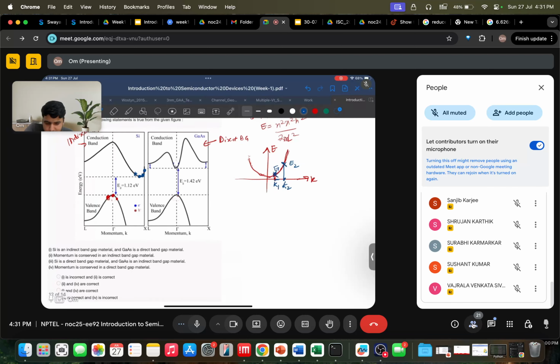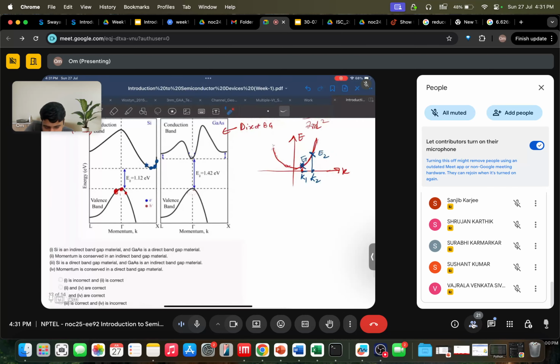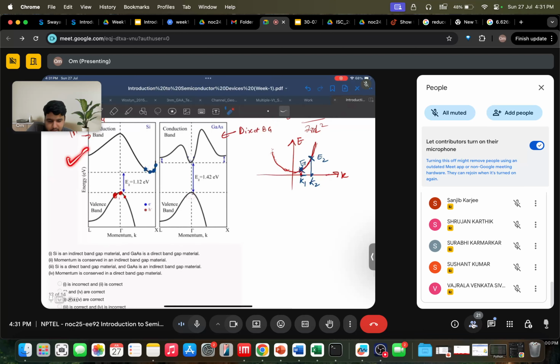The question is, which of the following are true? Silicon is an indirect bandgap material, and gallium arsenide is a direct bandgap material. This is for silicon. This is for gallium arsenide. We saw this is indirect bandgap, direct bandgap.